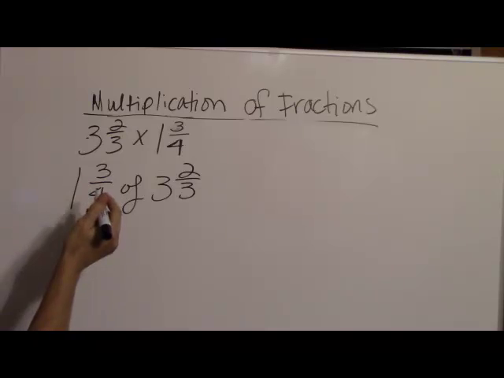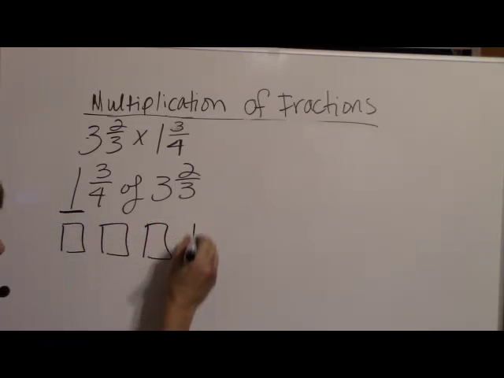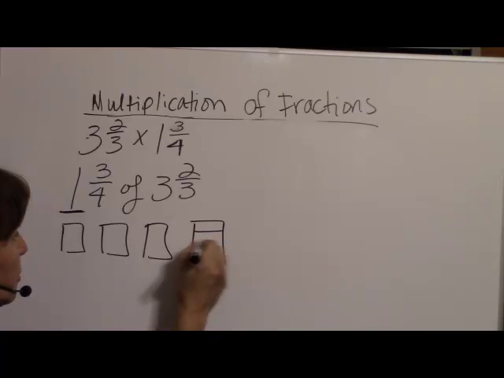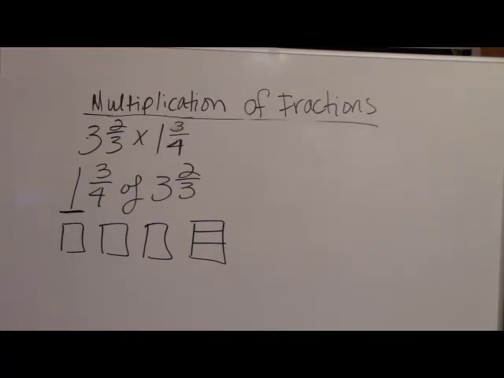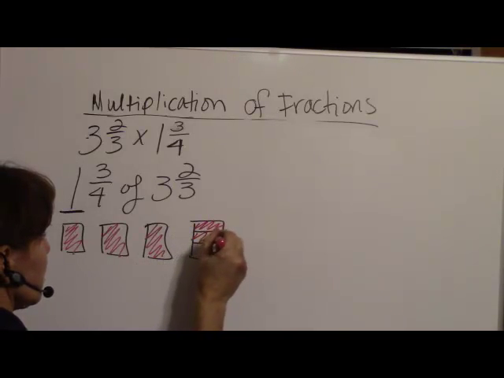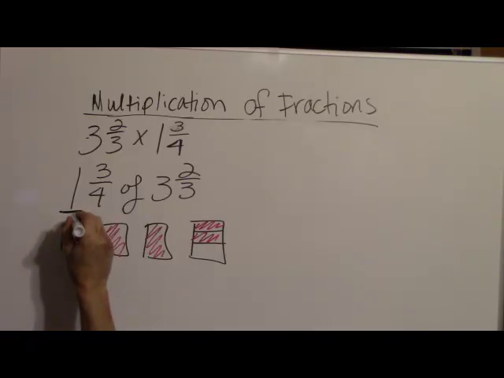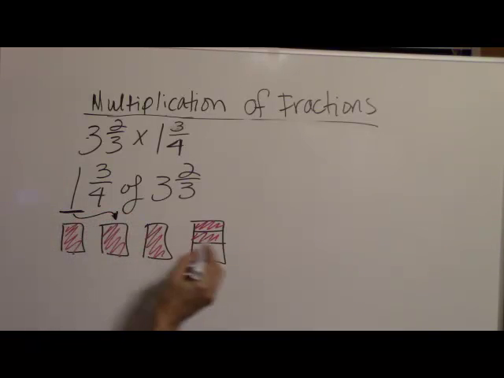So 1 3/4 of 3 2/3 is one full set of 3 2/3, which looks like this: 1, 2, 3, and then there's your thirds. So that's the set of 1. Right here is the set of 1. So there's your whole set.